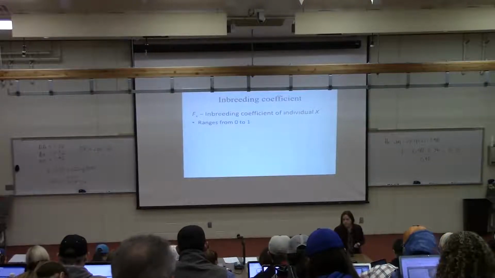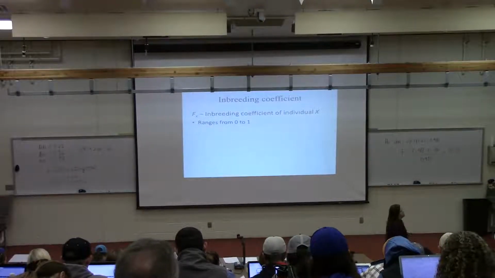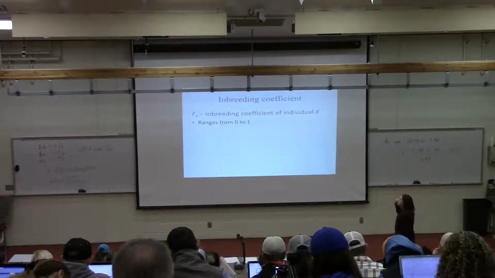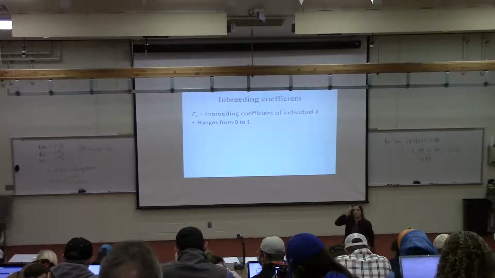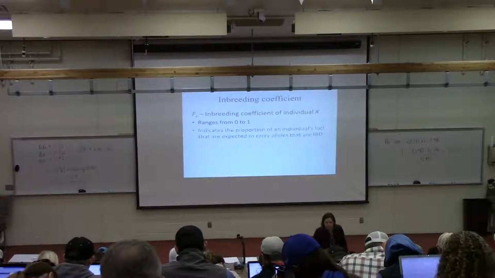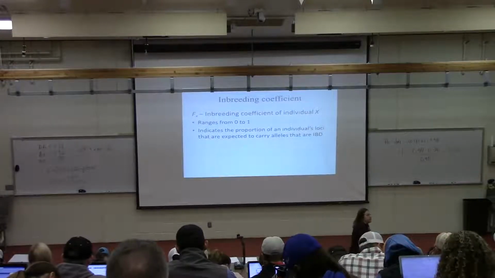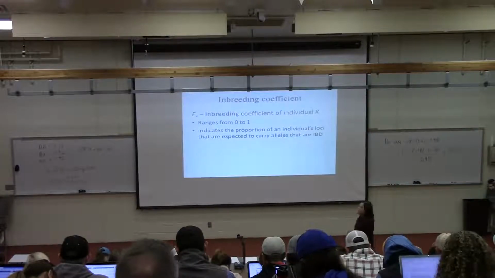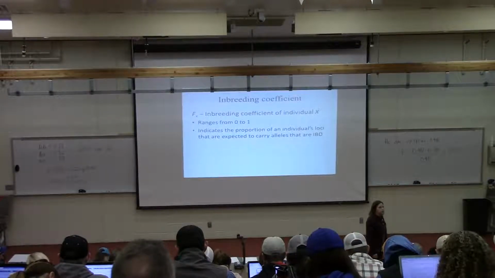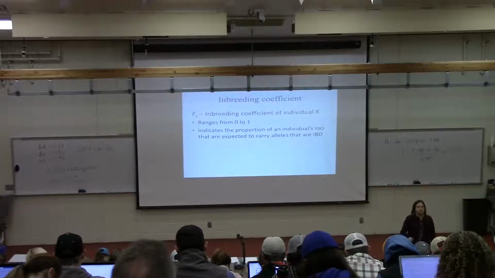Okay. So properties of our inbreeding coefficient. It's going to range from 0 to 1, not inbred to completely inbred. And it's going to indicate the proportion of loci of an individual that are expected to have two alleles that are identical by descent.